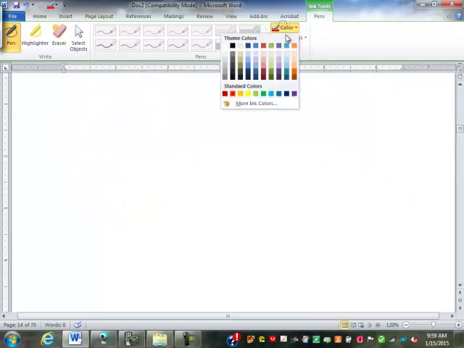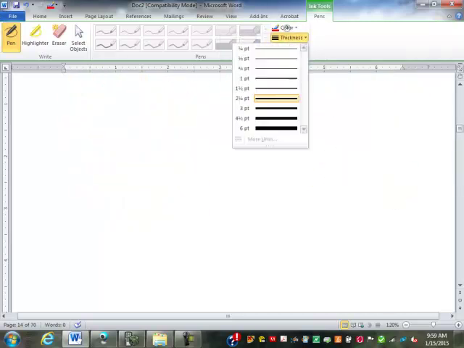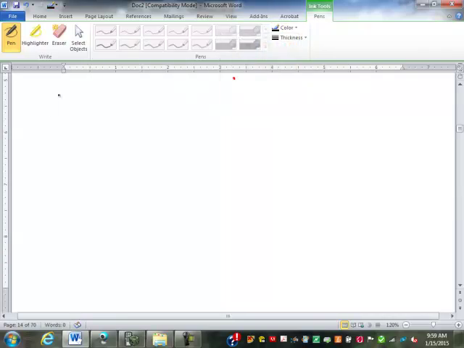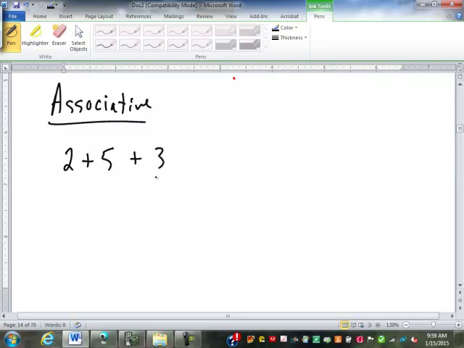The next property we could have is called the associative property. The associative property applies when there's more than two numbers that we're using. For example, let's say I have 2 plus 5 plus 3. Does it matter? Most of us go 2 plus 5 is 7, plus 3 is 10.